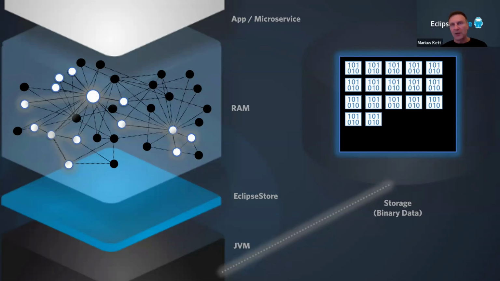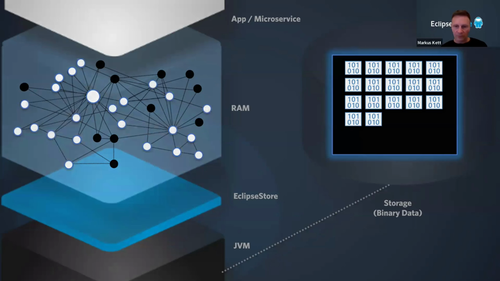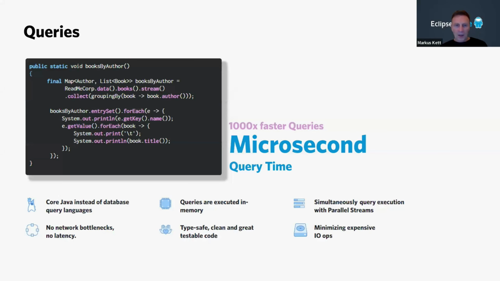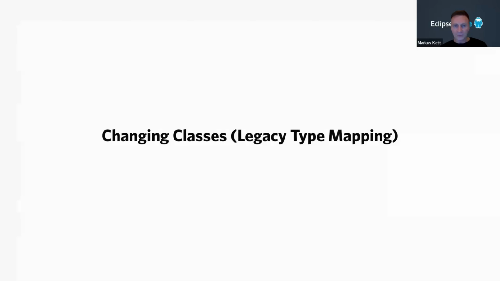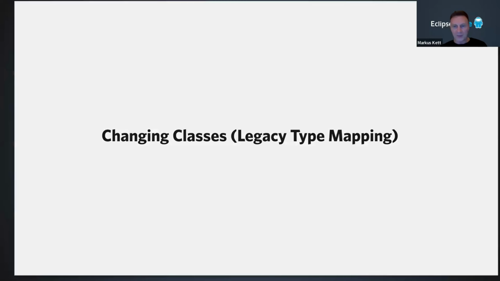So we'll have many times better performance also on your I/O operations. All right. As I mentioned, for searching and filtering, you can use the Java Streams API, and this will be incredibly fast.